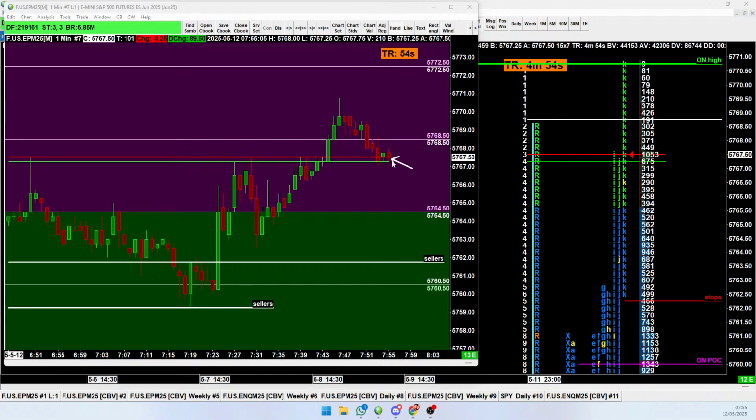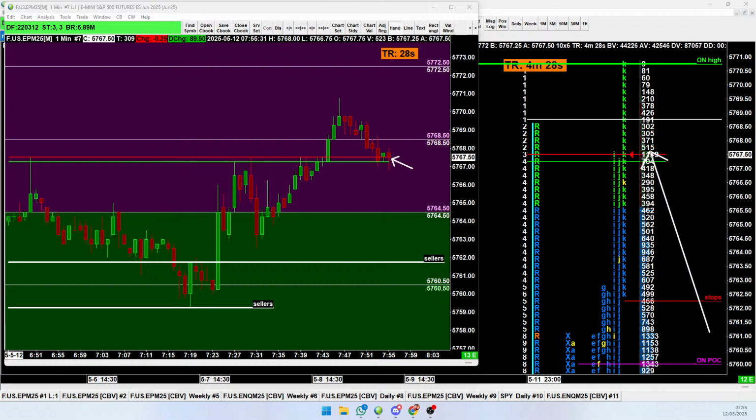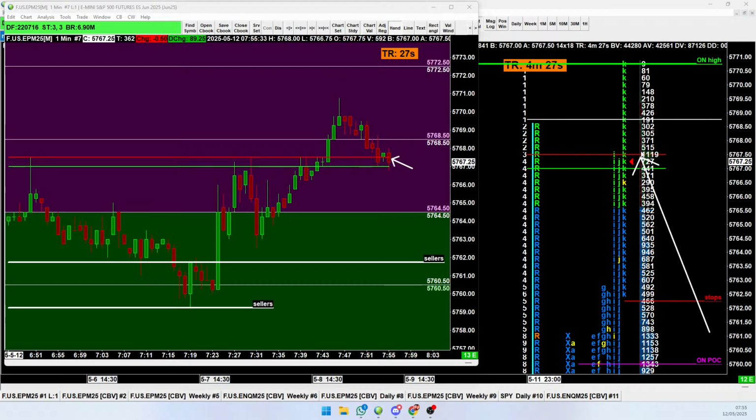And if I knew that a Treasury Secretary was speaking in 4 or 5 minutes, I probably would not want to jump into a position. What I'm looking for is to see if they can move this point of control from 57.60 up to 67 and get some distribution. You need about another 200 contracts, and then we'll move the value area up.